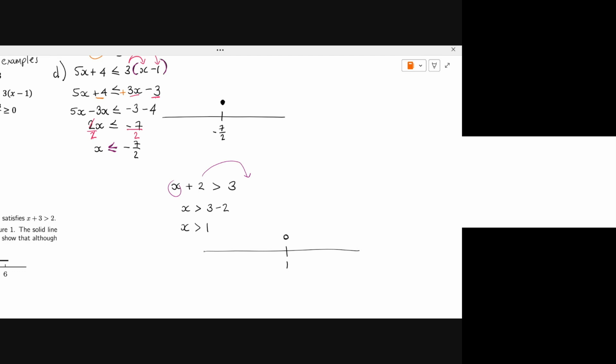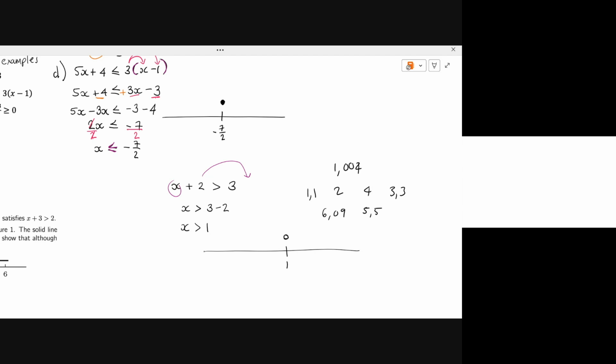I'll give you an example. 2 is bigger than 1. 4 is greater than 1. Okay, 2 and 4 and 3, 5, 6, 9, 1004.